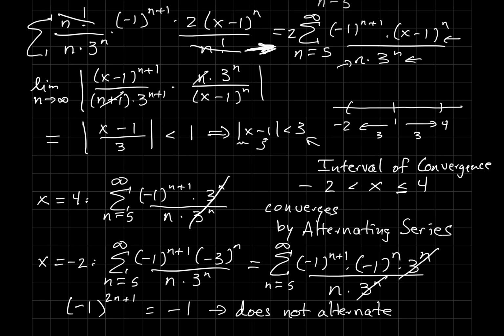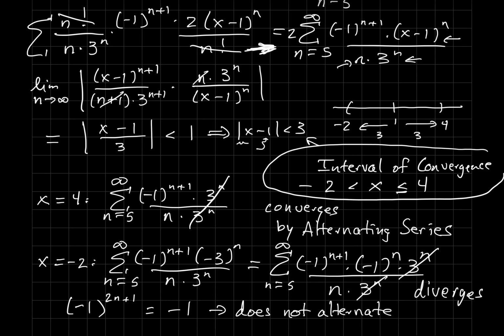So I really have the p-series 1 over n, which means that endpoint diverges. And my interval of convergence is -2 less than x less than or equal to 4.